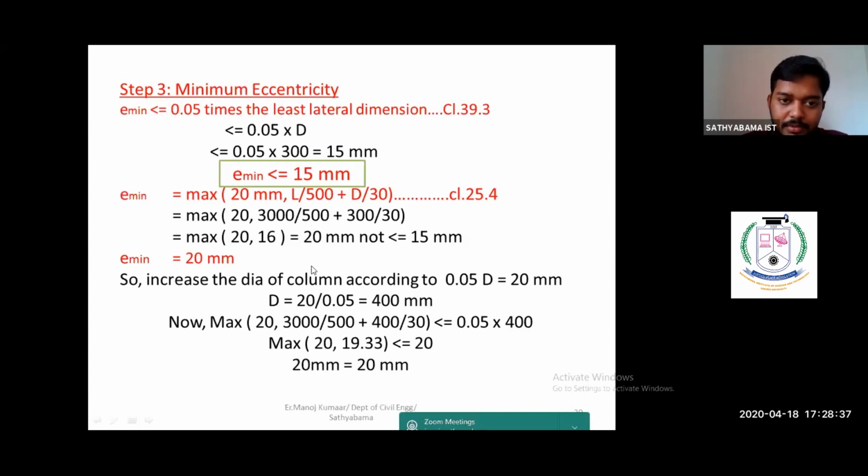So we are comparing these two formulas. Here we are getting 20, and instead of 16 we are getting 19.33 due to the increase in diameter of the column. The maximum of these two is 20 and the right hand side also we have 20. So the condition is satisfied now. So we can proceed with the design of the column with the revised diameter 400 mm.